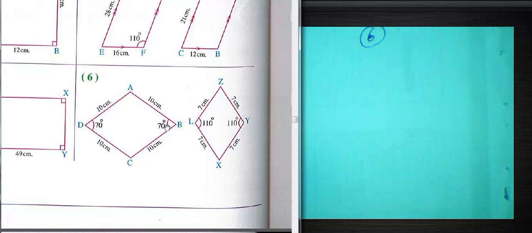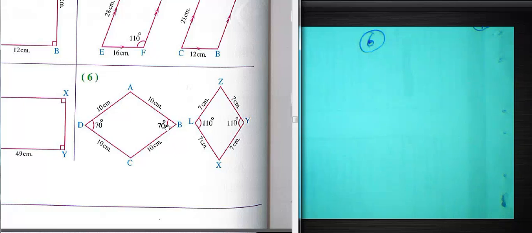Then you must find the ratio between each two sides. Each two sides, the ratio will be constant. So we have each corresponding angles are equal in measure, and each corresponding sides are proportional.